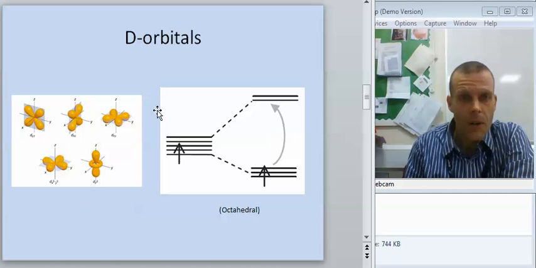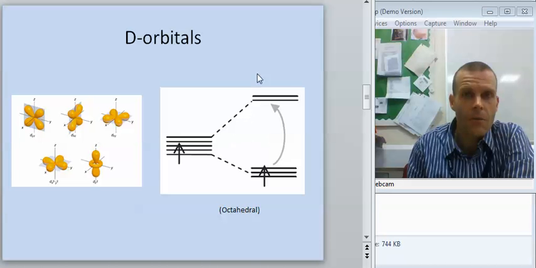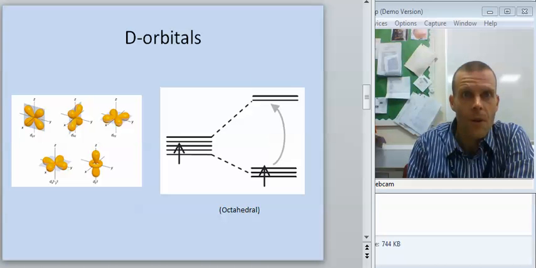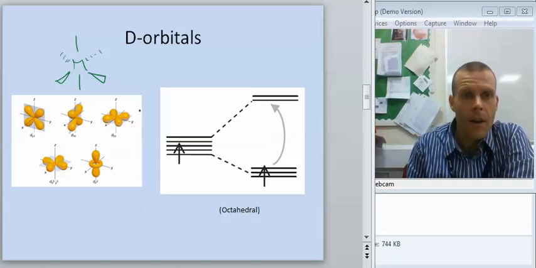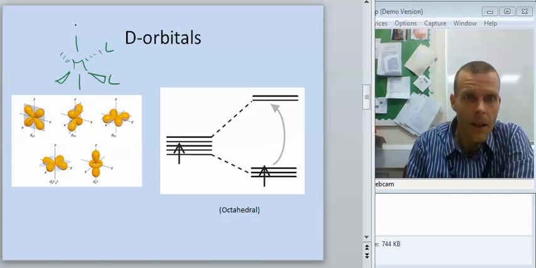So where does this color arise from? If we take our transition metal in an octahedral coordination, so we've got our central metal, and then one up, one down, two going back, two going like that, then these are our d orbitals. We've got our ligands in each of these positions, and the metal of course has its own charge.